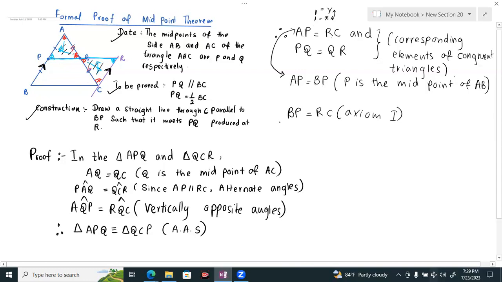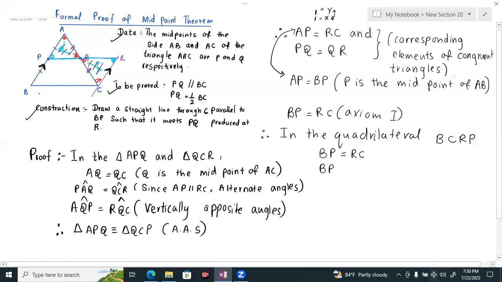And now as I equal that BP and RC, I can say that in the quadrilateral, therefore in the quadrilateral BCRP, in the quadrilateral BCRP, BP is equals to RC, and in the beginning we did this construction.